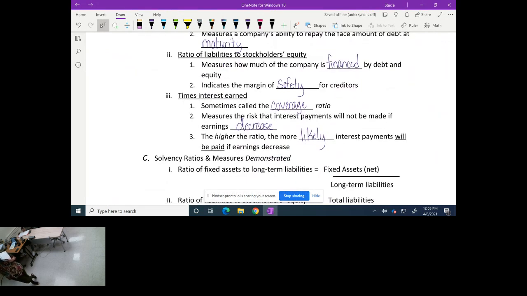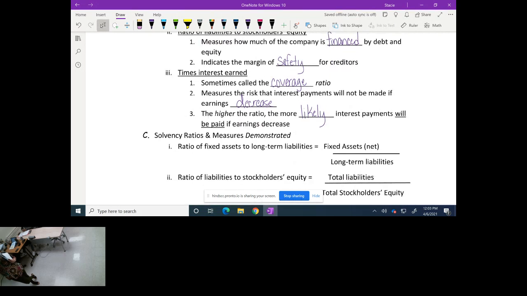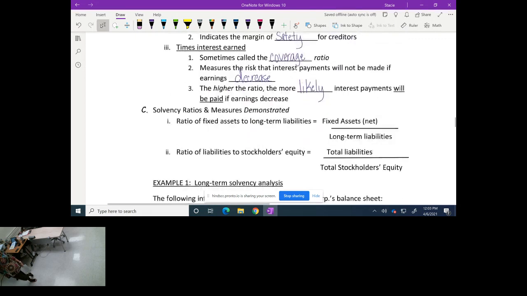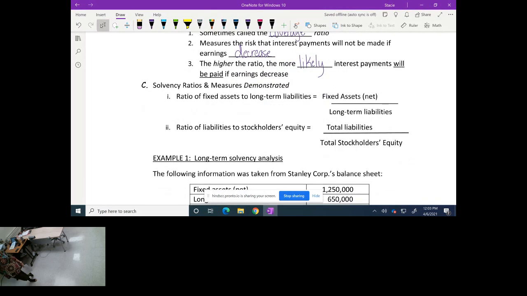Times interest earned is sometimes called the coverage ratio. It measures the risk that interest payments, if earnings decrease, will the company still be able to make its interest payments? The higher the ratio here, the more likely they'll be able to keep paying their interest if earnings decrease.